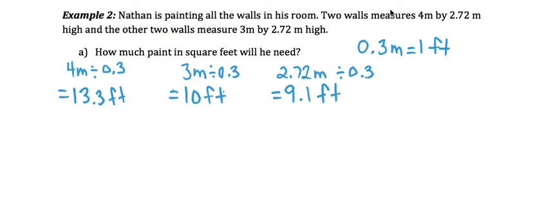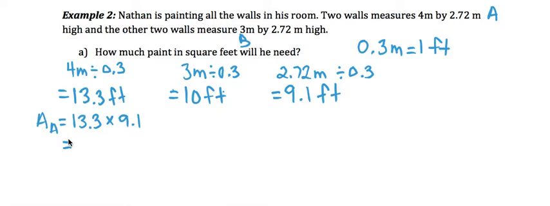So let's call the two walls that are 4 meters by 2.7 meters A, and let's call the other ones B. So when I calculate the area of wall A, I'm going to multiply my 13.3 by my 9.1. That's going to give me the area of one of those walls.